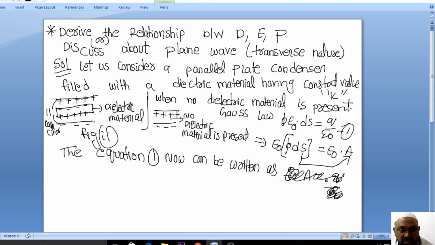Capital E naught A is equal to Q by epsilon naught.